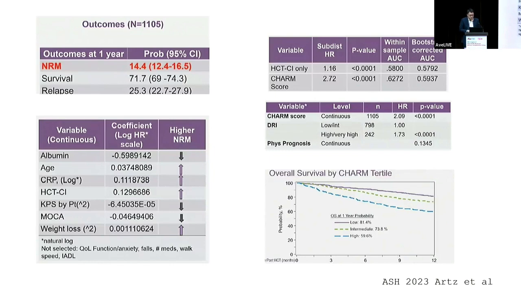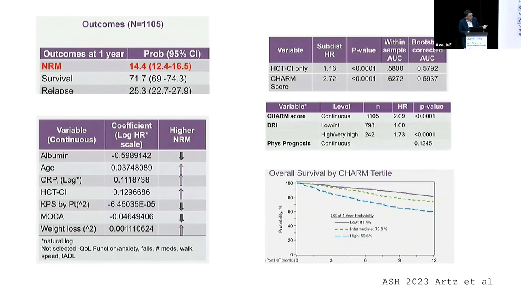After all the analysis, they identified 7 factors that are highly predictive of non-relapse mortality. With that, they came up with a scoring system called CHARM scoring, with a hazard ratio of 2.72, which again outperformed HCT-CI.